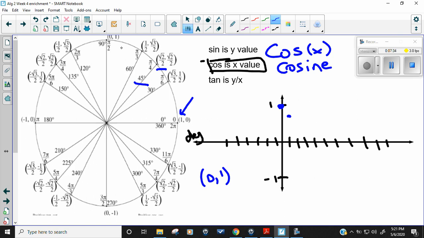And then the next one at 90, it's on 0. So at 90, it goes down to 0. And then at 135, it's at negative 0.71. So it dips down over here.